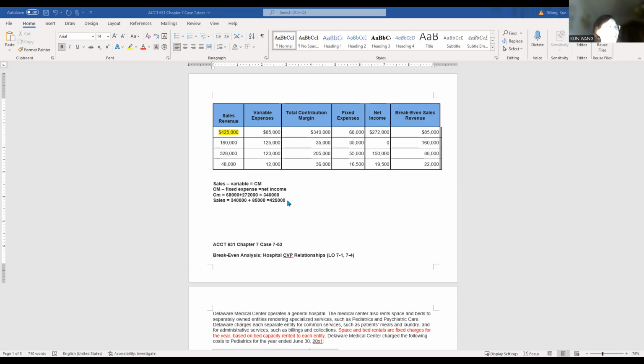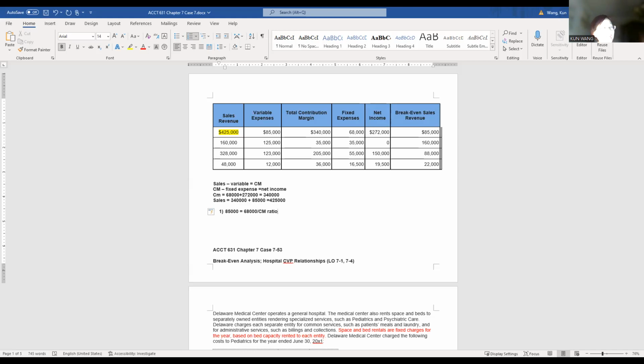Then we need to go to the original one we were talking about. This one we can use the contribution margin, which is more straightforward. For number 1, remember we have the break-even, 85,000, equal to the total fixed expense, so you already know that. Then we can find the contribution margin ratio.